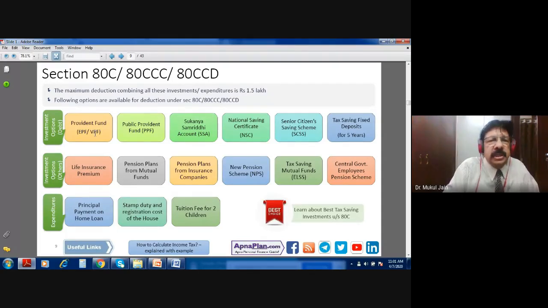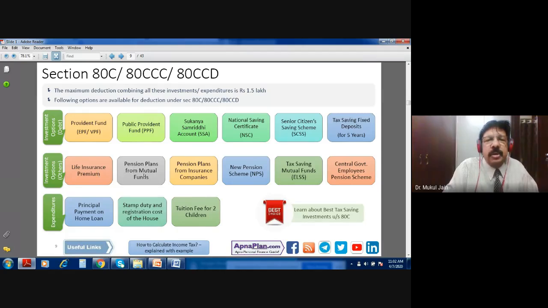So the following options are there. It can be investments under Provident Fund. Provident Fund can be Employee Provident Fund or Voluntary Provident Fund, or Public Provident Fund, PPF, Sukanya Samriddhi Account, National Saving Certificate, Senior Citizen Saving Scheme, tax saving fixed deposit of 5 years, or life insurance premium or various pension plans.